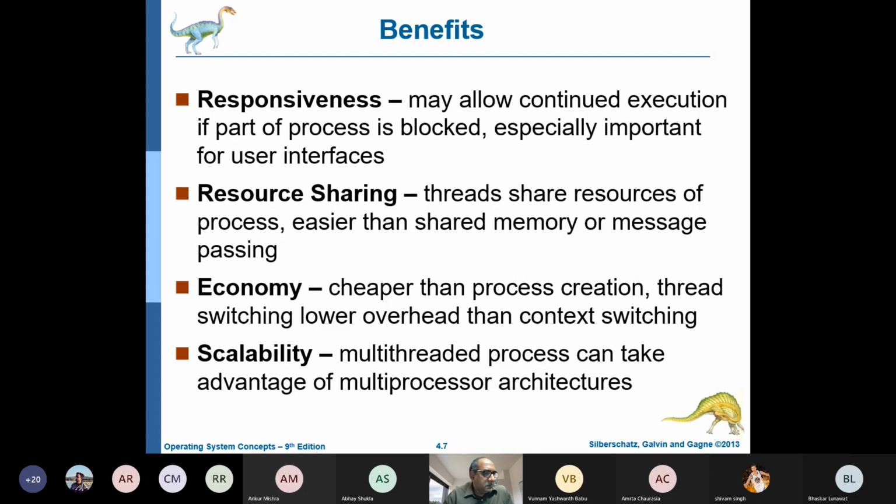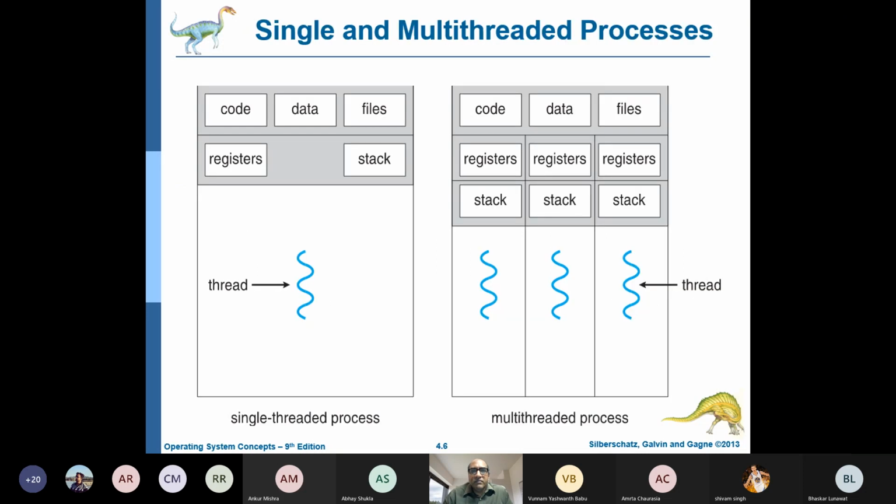So if you recollect, last week on Thursday, we introduced the concept of threading, and this is the holistic view of an application with a single thread and an application with multiple threads.